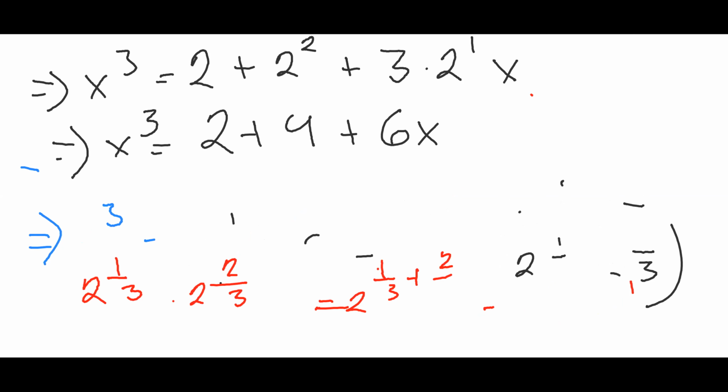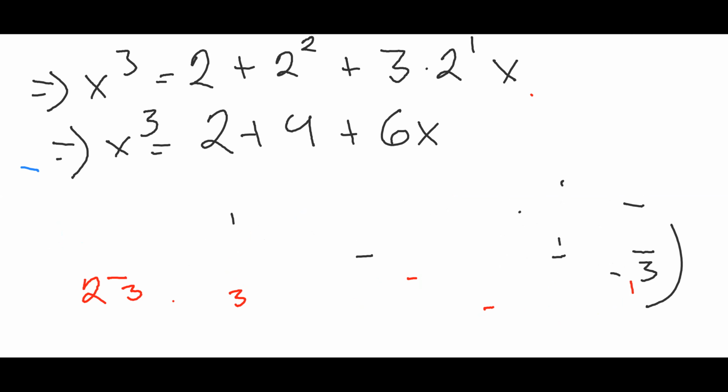So finally when we adjusted the whole thing, what we get x cube is equal to 6 plus 6x.